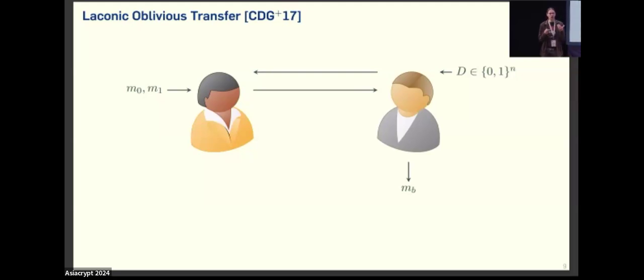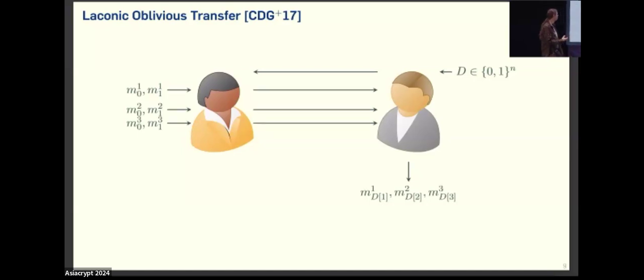And after this initial digest, now Alice can send a single message for her first pair of messages to Bob, and Bob will learn the message that corresponds to his first choice bit. Then Alice can just send a second message that corresponds to her second pair of messages. And Bob will learn the one corresponding to his second choice bit, and so on and so forth.